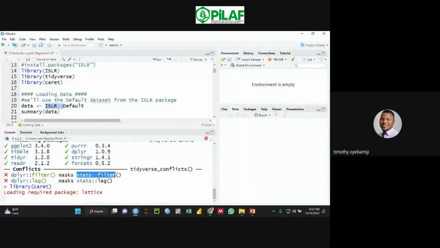If I have to use this filter from stats, I'll have to use it this way, because loading tidyverse has masked stats and replaced it with dplyr. All right. Although filter is also there, I'm just saying this because based on my experience, sometimes when libraries are conflicting and you need to use something from the one that has been overridden, you might need to get familiar with how to use functions straight from libraries. All right. It's still installing my caret and loading my caret.